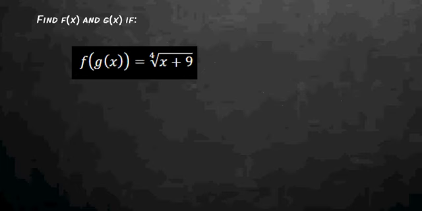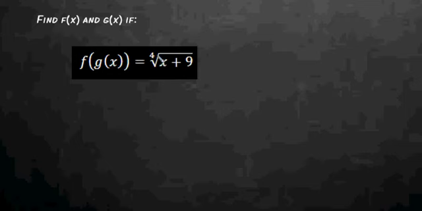Okay, and then this last question, I would like you to find f of x and g of x if I already have composed them for you, and you are now going to be breaking them apart. There's a couple different ways you can look at this, and there's actually not just one answer. You could have multiple, but you really do want to look for one function nested inside of another function.